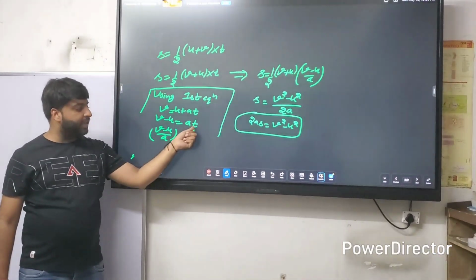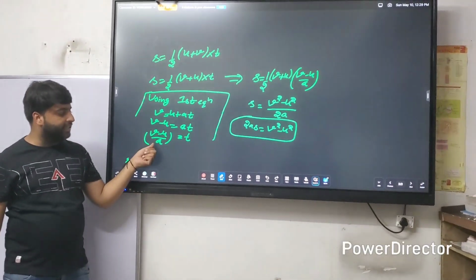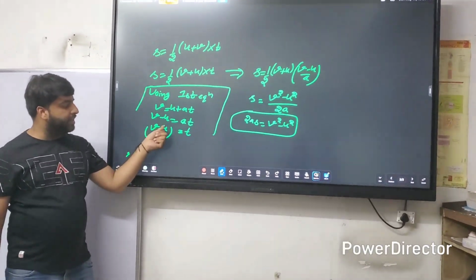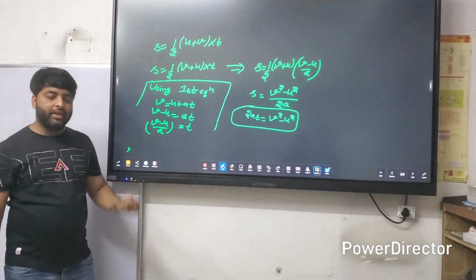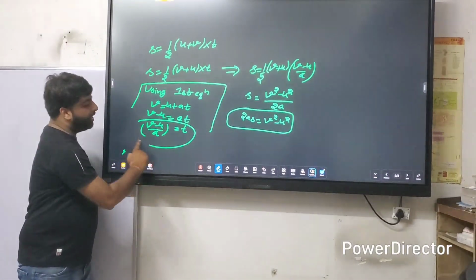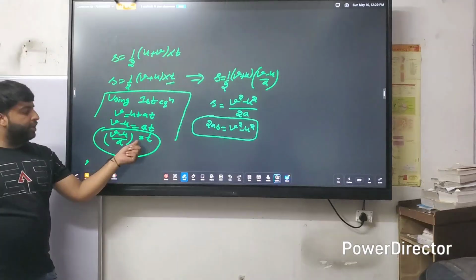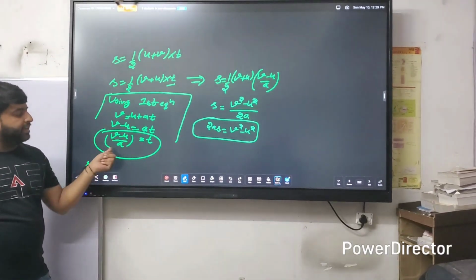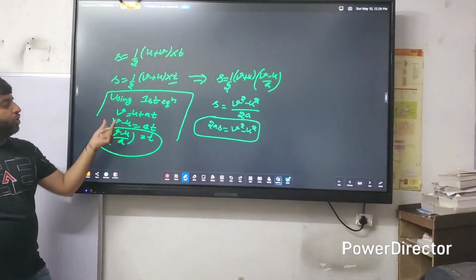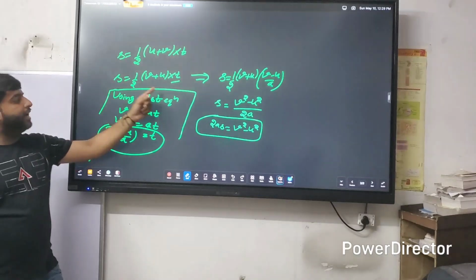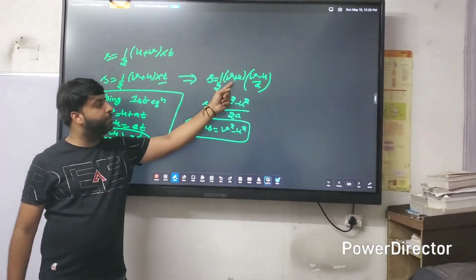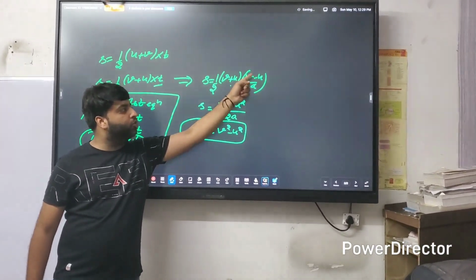We get v minus u upon a is equal to t, and this value of t I can put in there. Put the value of t there. We get s is equal to half v plus u into v minus u by a.